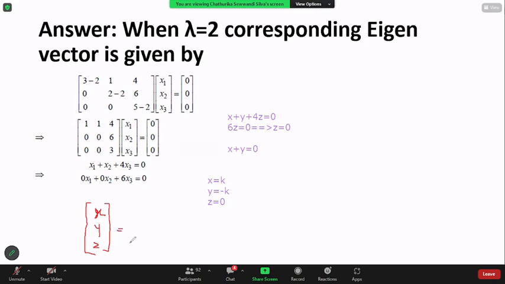What is x? What is y? What is z? So when lambda equals 2, what is x? What is y? What is z?